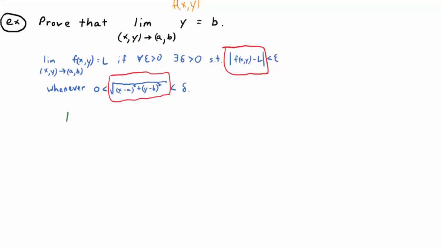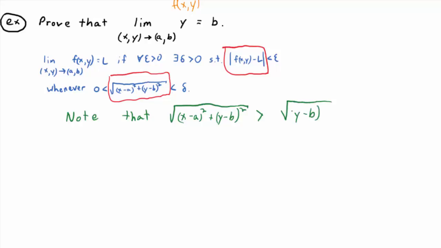So I want to say this. Note that the square root of x minus a quantity squared plus y minus b quantity squared, would you believe that this is going to be greater than the square root of y minus b quantity squared?